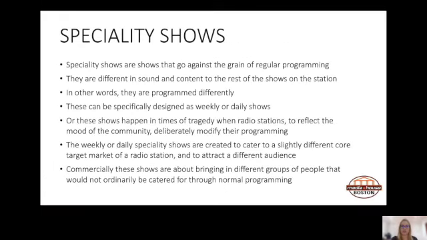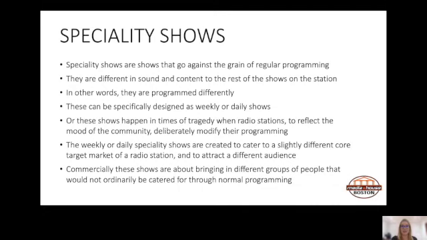Speciality shows are shows that go against the grain of regular programming. They're different in their sound and their content to the rest of the shows on the radio station. So in other words, they are programmed differently. These can be specifically designed as a weekly or as a daily show.